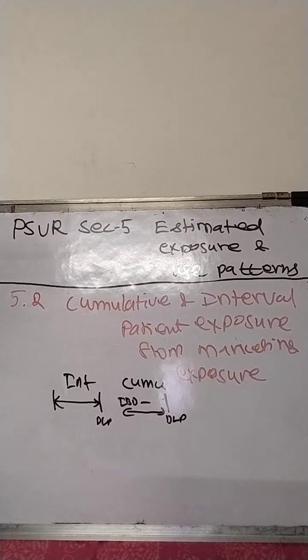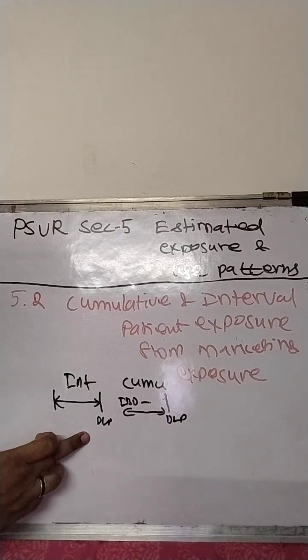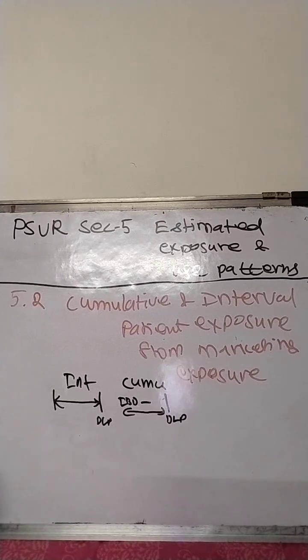For example, pattern of use, exposure in the pediatric population, exposure in cardiac patients, or exposure in a particular region. If you have identified a safety signal, what type of safety signal it is, and if that has a direct impact on the exposure, that has to be very clearly defined and given here.